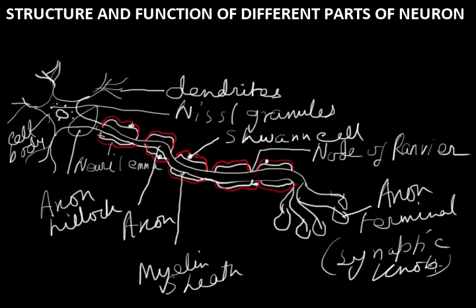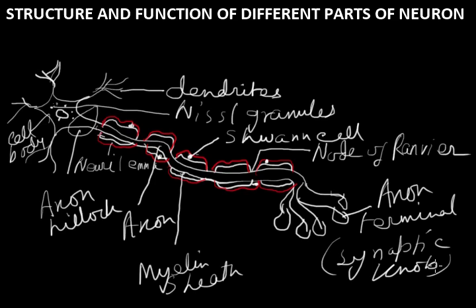So we can say that a neuron is a group of specialized cells of the nervous system which help to transmit signals throughout the body. Therefore, the structural and functional unit of the nervous system is the neuron. Today, we are going to discuss the structure and function of different parts of the neuron.